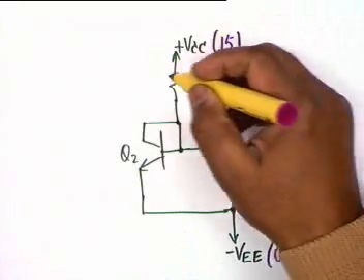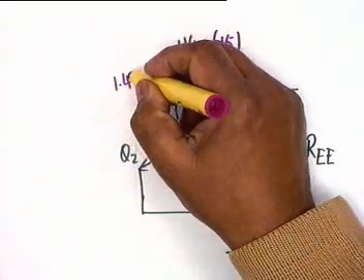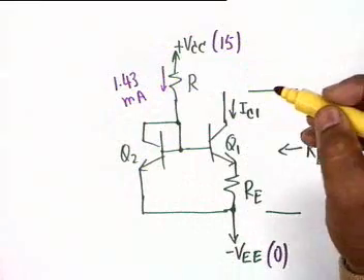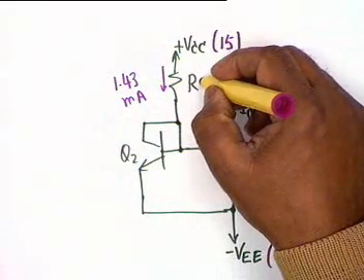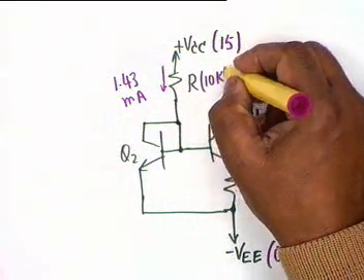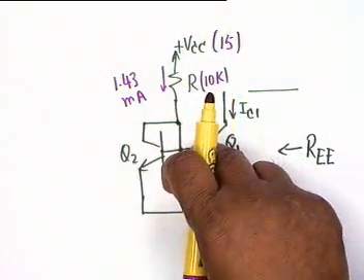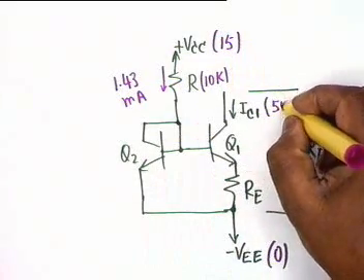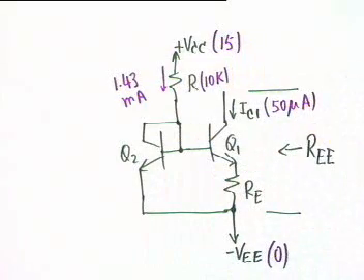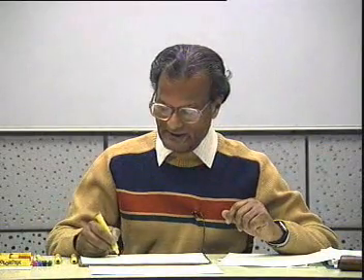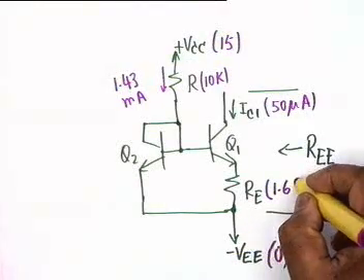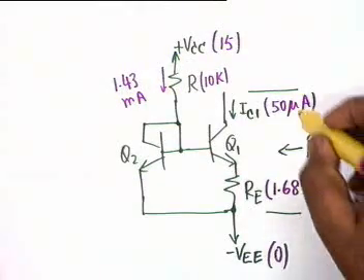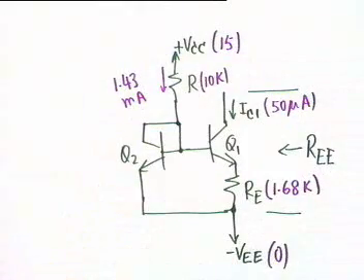The reference current was taken as 1.43 milliampere, which means that this resistance is equal to 10 K. 15 minus 0.7 divided by 10 K is 1.43 milliampere. I sub C1 we want to be 50 microampere as an example. This is the level of current that is permitted in an integrated circuit differential amplifier. Then R sub E was calculated with 50 microampere and 1.43 milliampere.